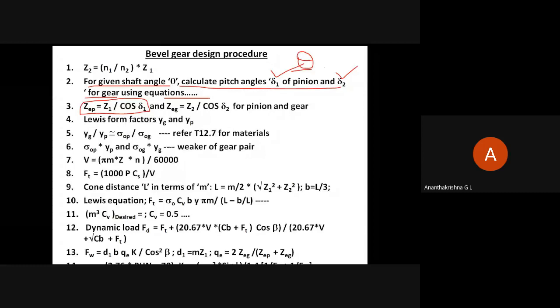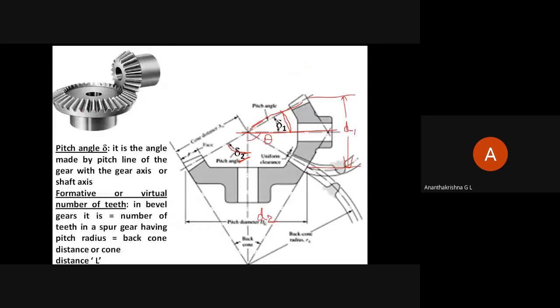If it is equal to 90 degrees, we have two equations. And if it is obtuse angle bevel gear, then we have two different equations to calculate delta 1 and delta 2, which are essentially the pitch angles.